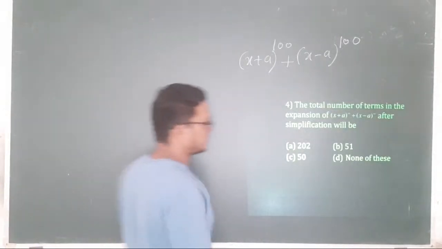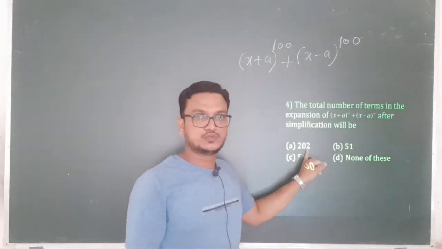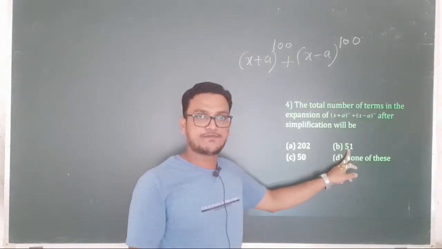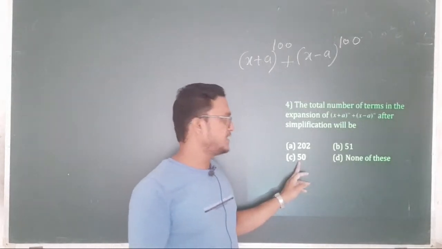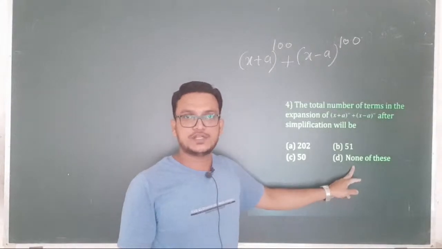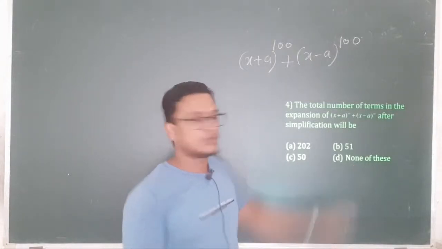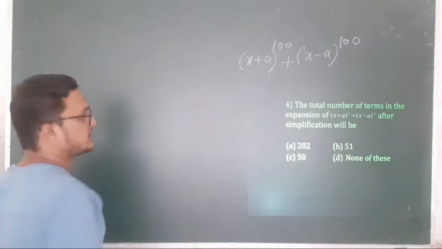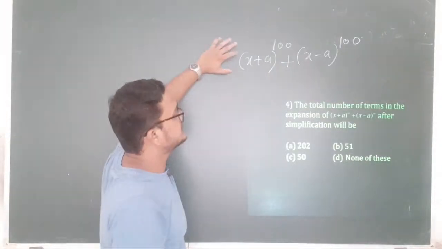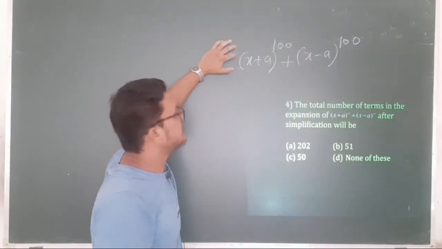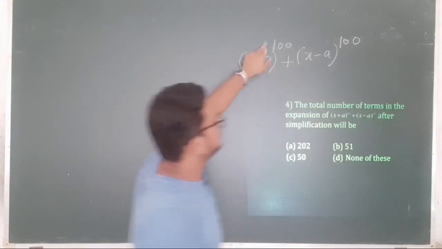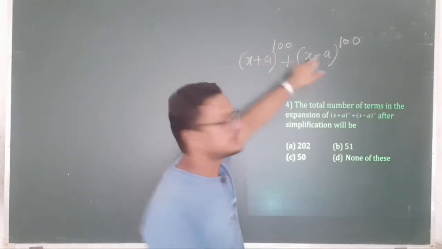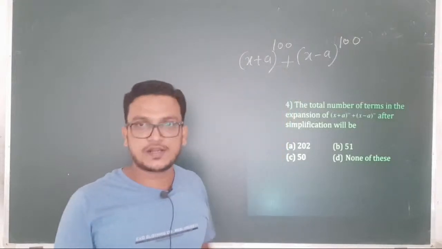Options are A 202, option B 51, option C 50, and option D none of the above. What they have asked is the total number of terms present in the expansion of this result.